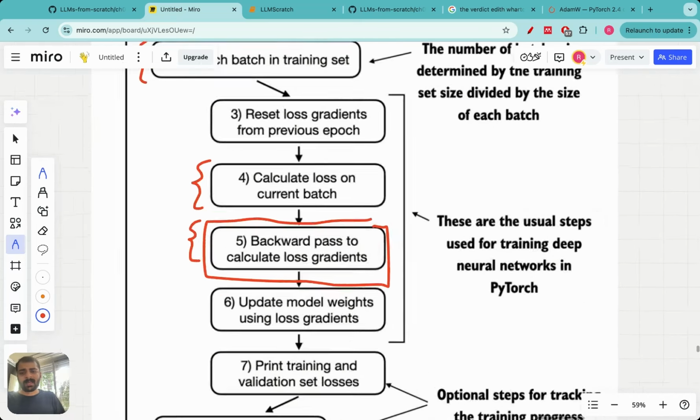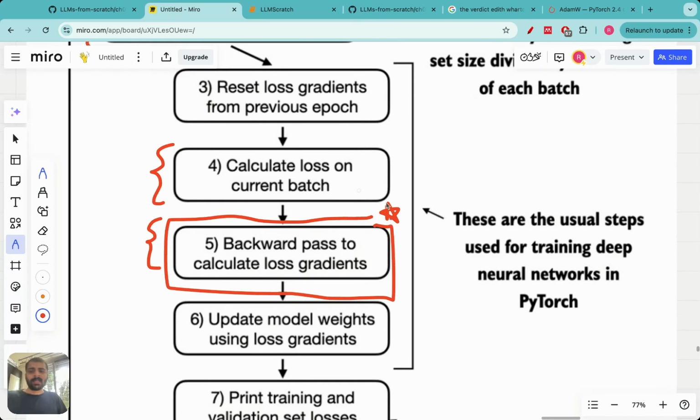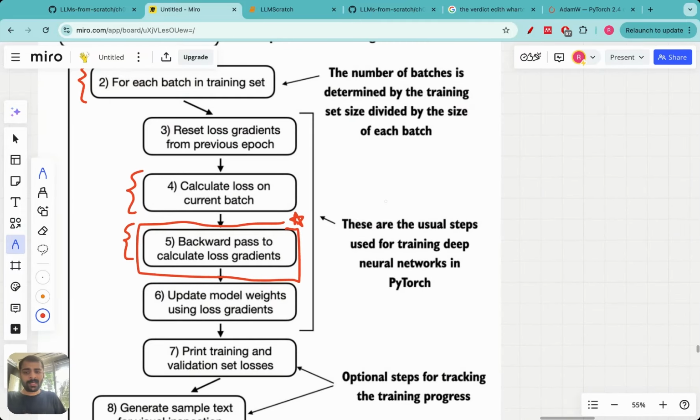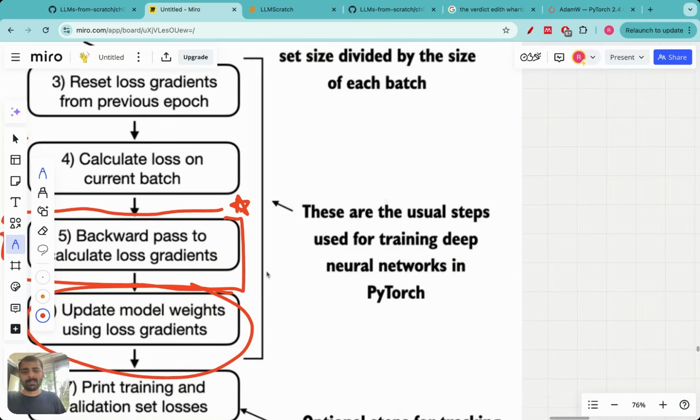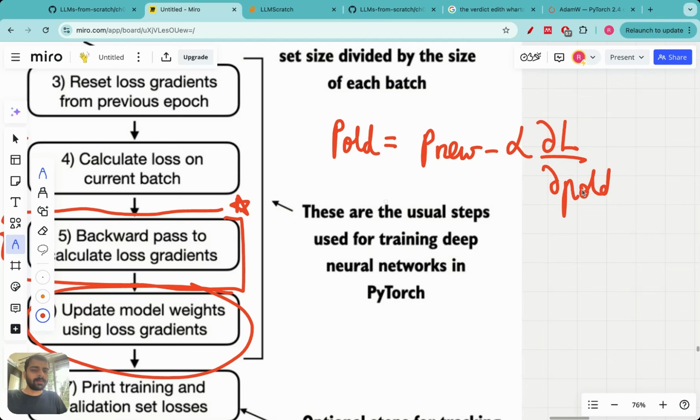In this entire schematic, this is the most important step. The backward pass allows us to calculate the gradients of the loss, and the gradients of the loss will enable us to update the model weights and parameters. Let's say one particular parameter has a value of p old in one iteration. In the next iteration, its value will change.